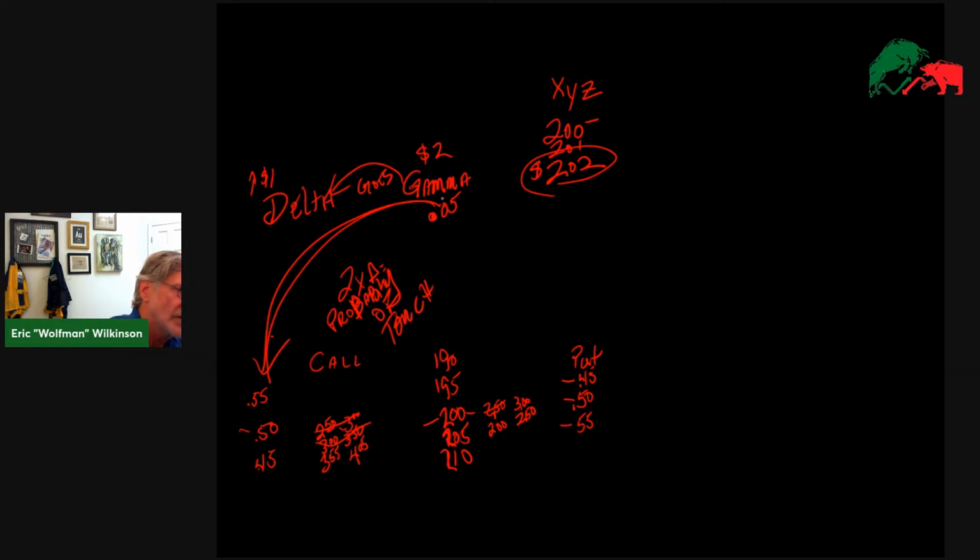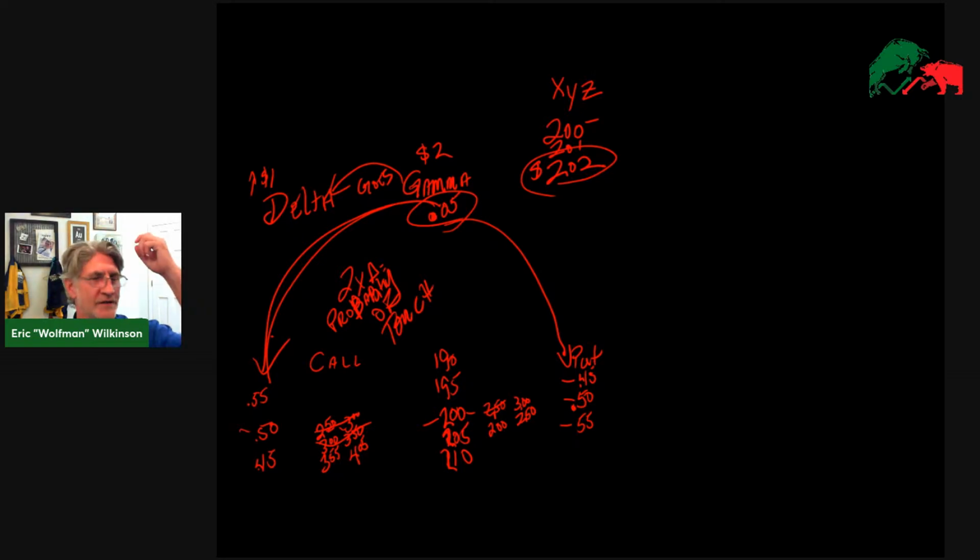Now gamma goes with delta on the put side too, but note that gamma is positive and those puts are negative. So on that second dollar move, a positive plus a negative makes it negative, but a little less negative. So if we had 55 cents here, on that second dollar move, 5 cents plus negative 50 cents makes it negative 45 cents. Does that make sense, folks?